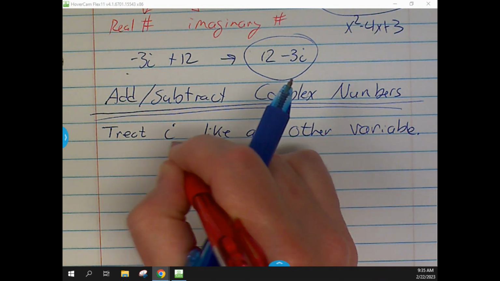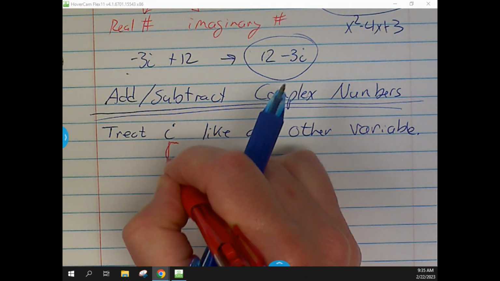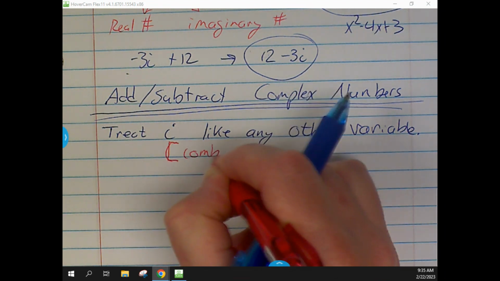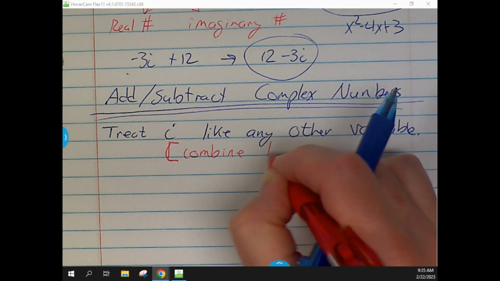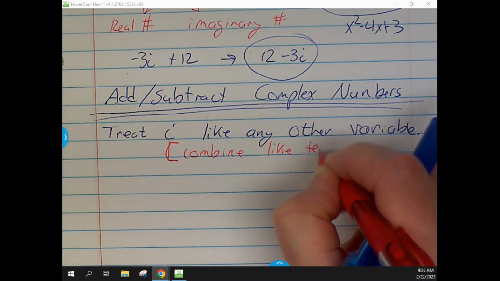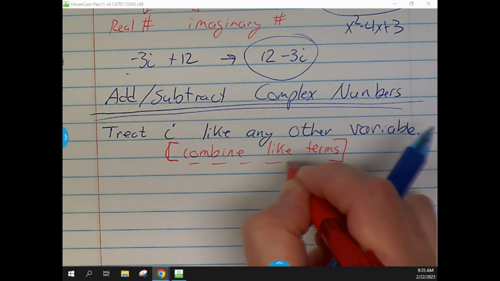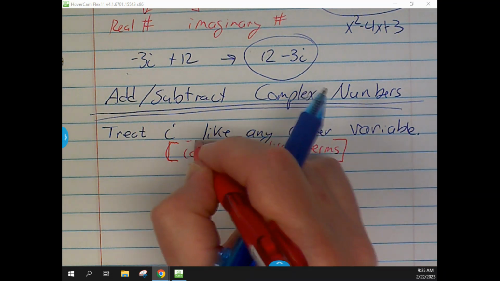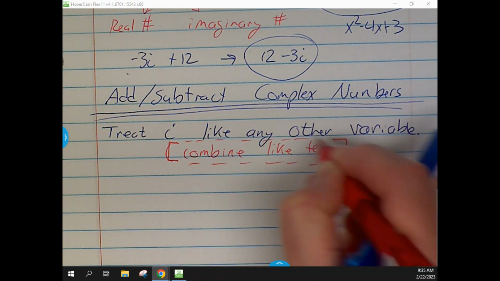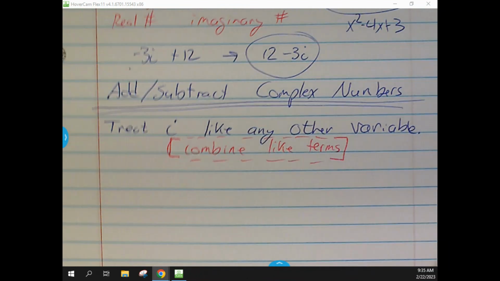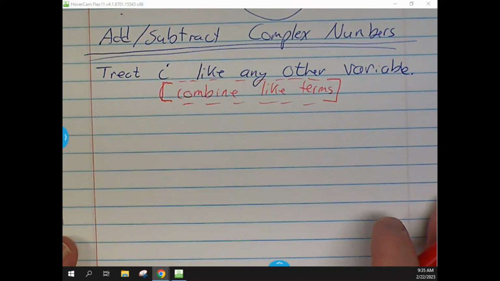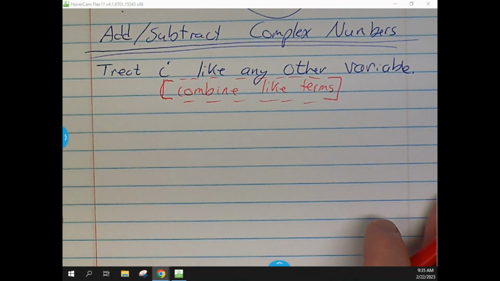For this one, all you're going to do is combine like terms. And that's it. As far as addition and subtraction goes, there's nothing really different about complex numbers than if we're doing x's or p's or q's or any other letter. It's all basically the same thing.